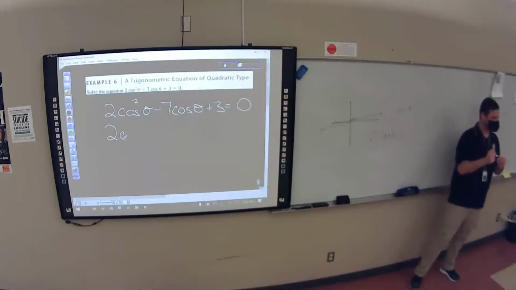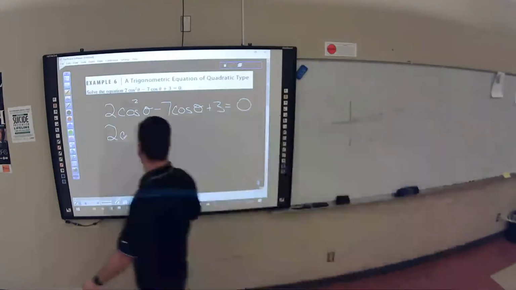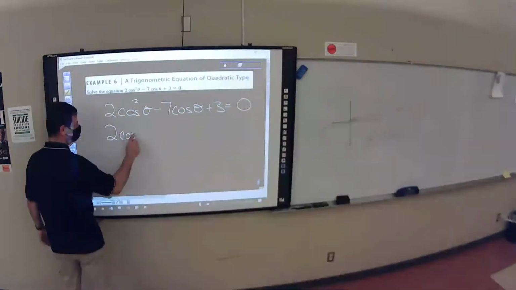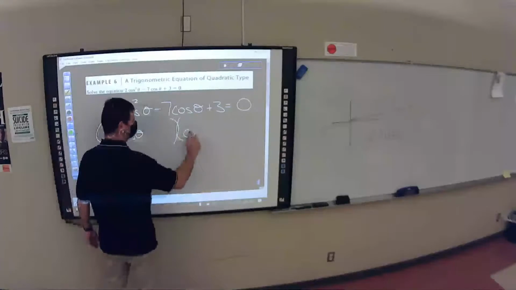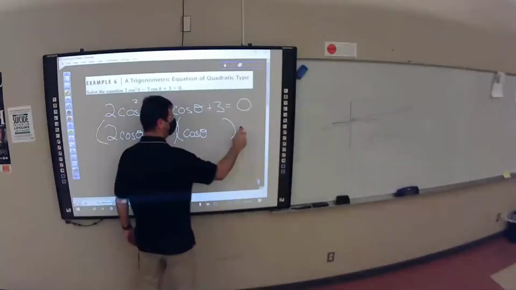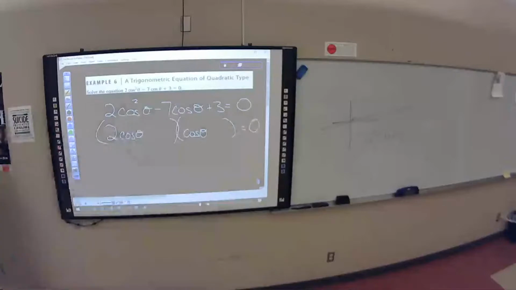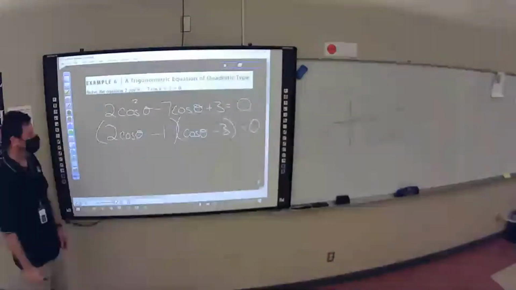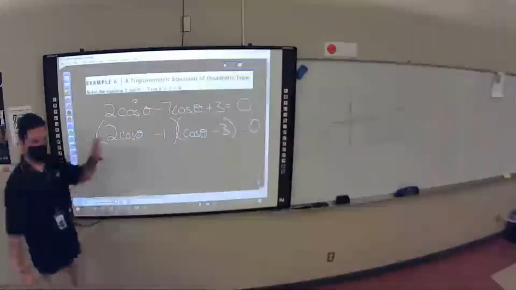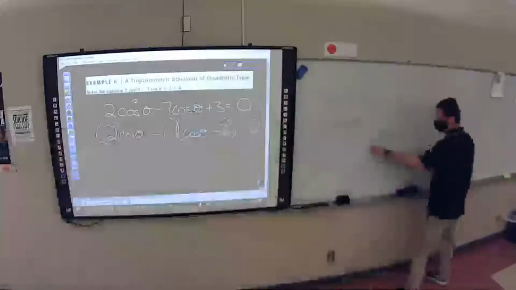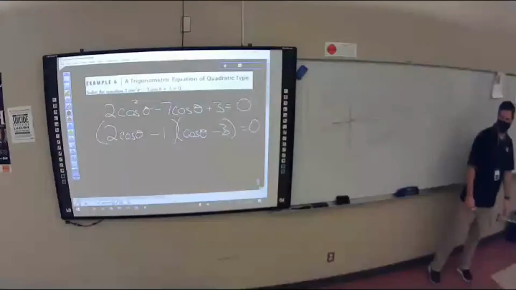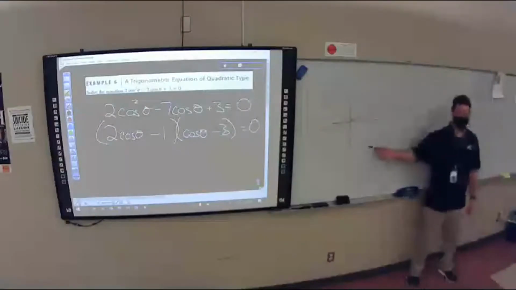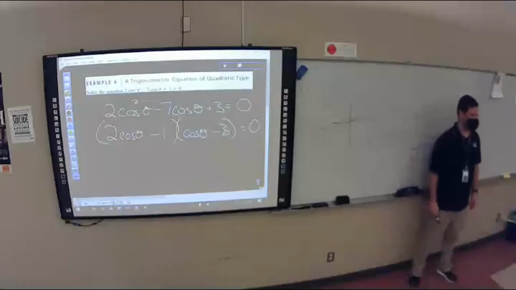This will go to 2 cosine theta, cosine theta, and I got to get 7 out of this somehow. -7, -1, and -3. And again, if you have a tough time with that, go over here and do it. And then how you do it with a leading coefficient, you guys do the AC method or whatever you got to do. Factoring's important.